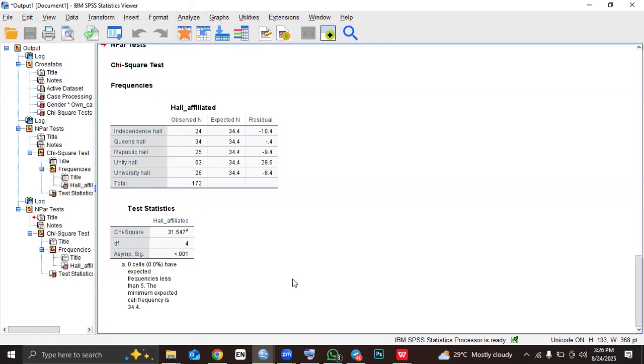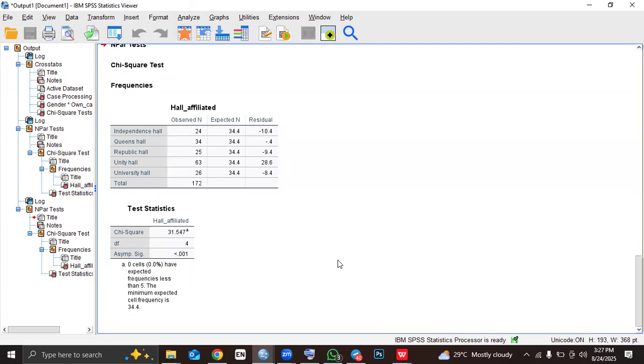And how do we know that? We looked at our chi-square value and then our p-value. Because the p-value was less than 0.05, we concluded that there's a significant difference between the number of students that entered each hall.